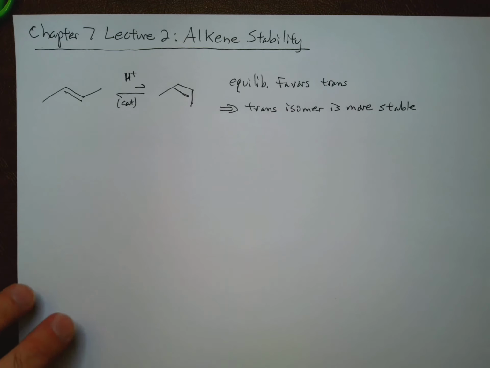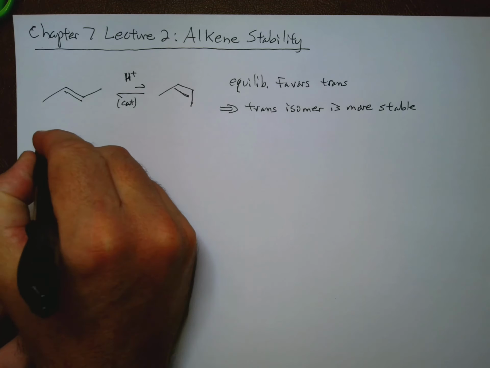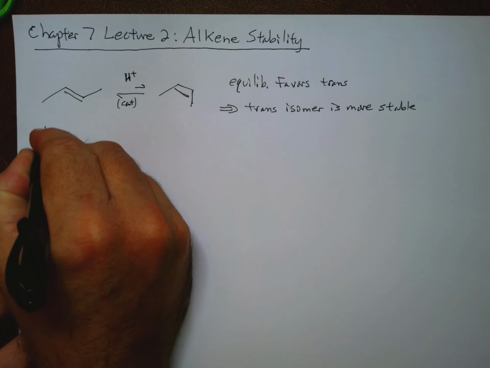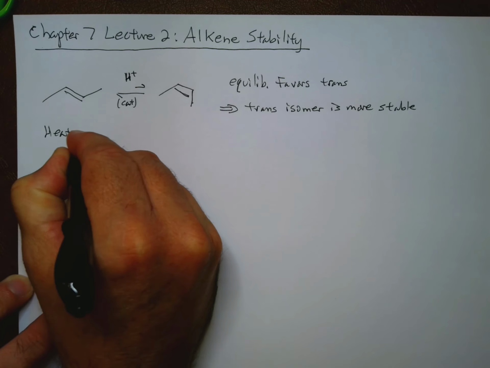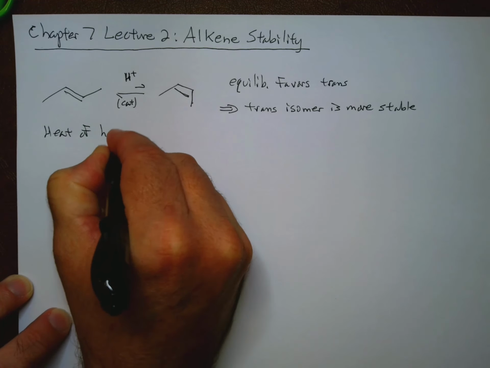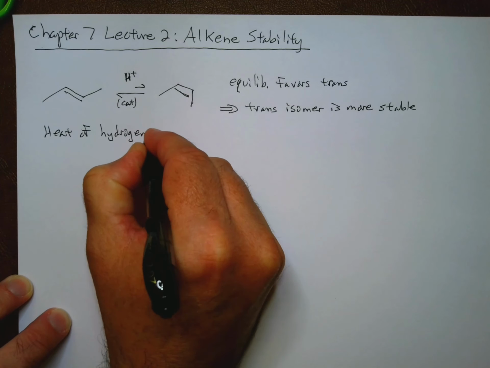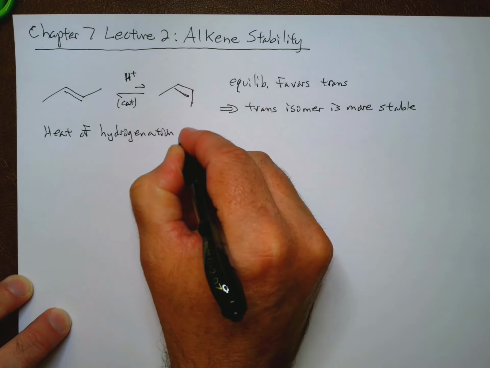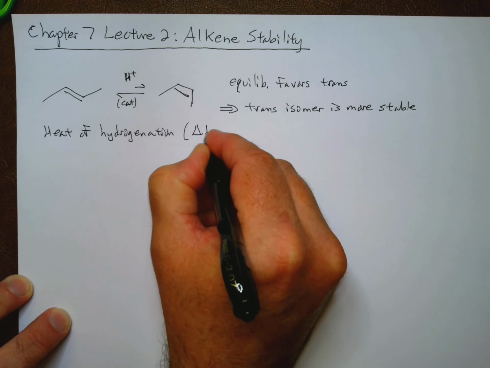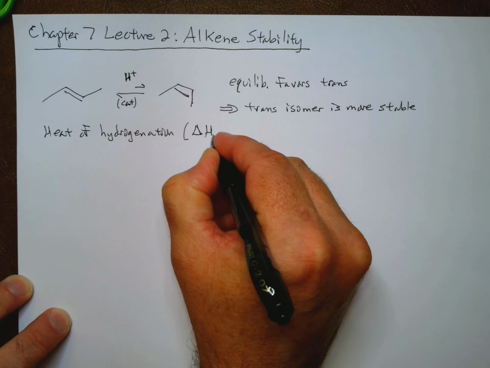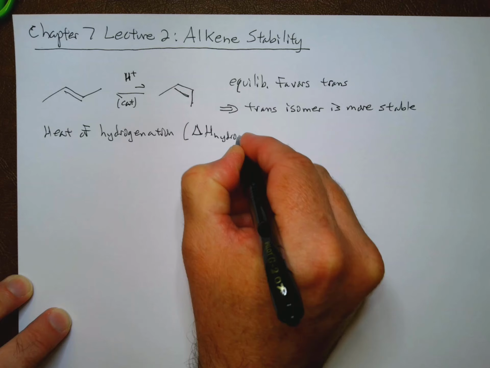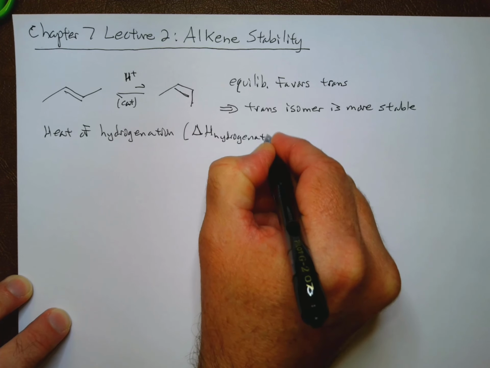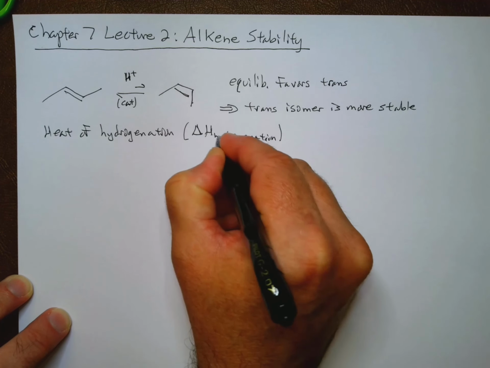So the way that we get at this is to look at what are called heats of hydrogenation, or delta H of hydrogenation.